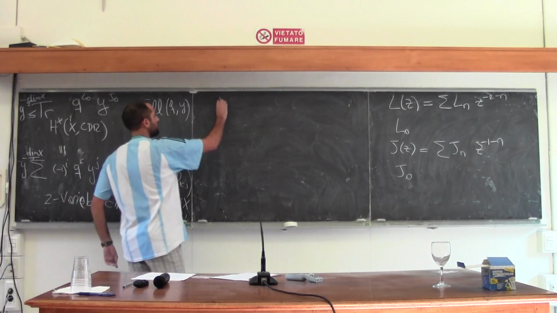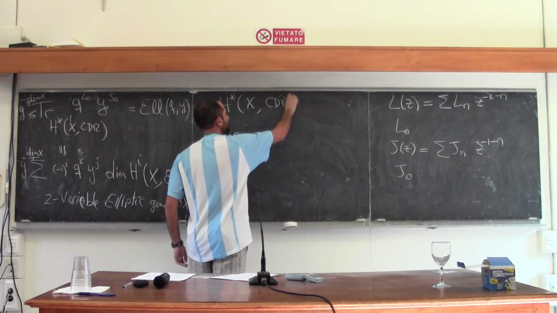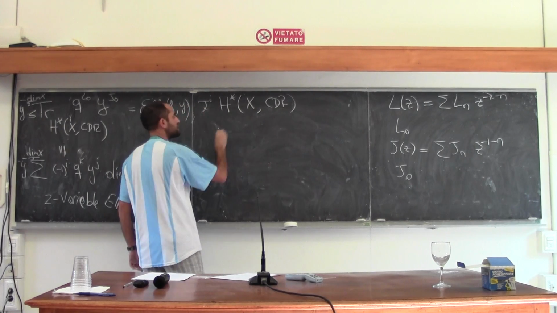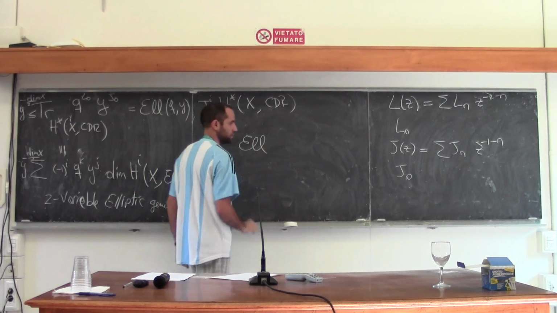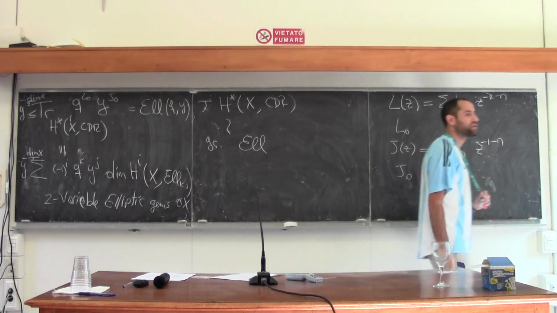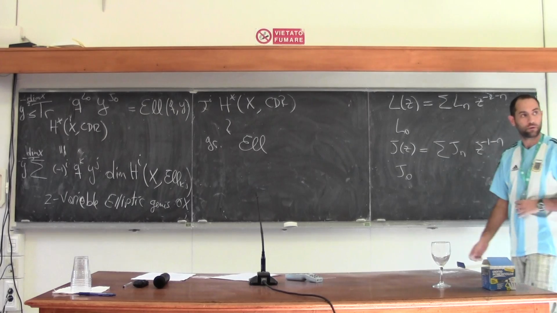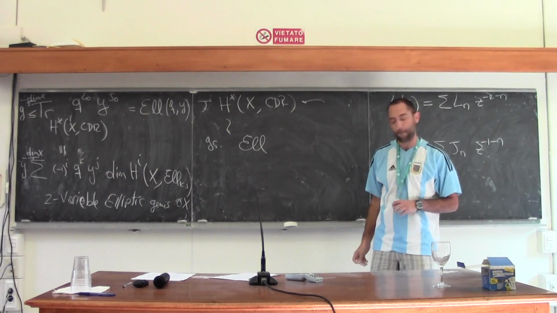So the chiral de Rham cohomology of X has a filtration, F_i, such that the associated graded is this elliptic genus. In particular, if you're looking for algebraic actions on the elliptic genus, you can think of it as a limit of a vertex algebra. You might look for actions on the elliptic genus by looking at vertex operator algebra actions there.